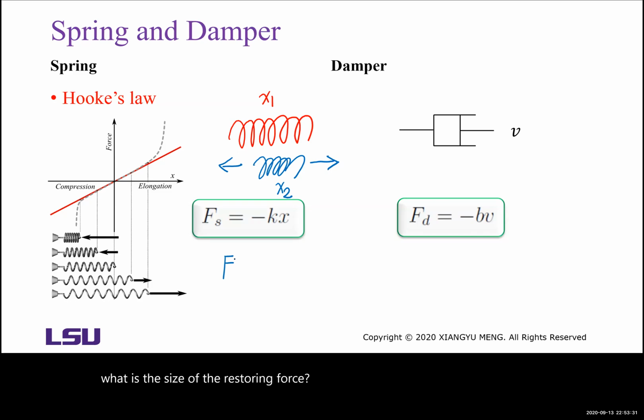Again, let's not worry about the direction, only about the size, the magnitude. F is equal to K times x1 minus x2.